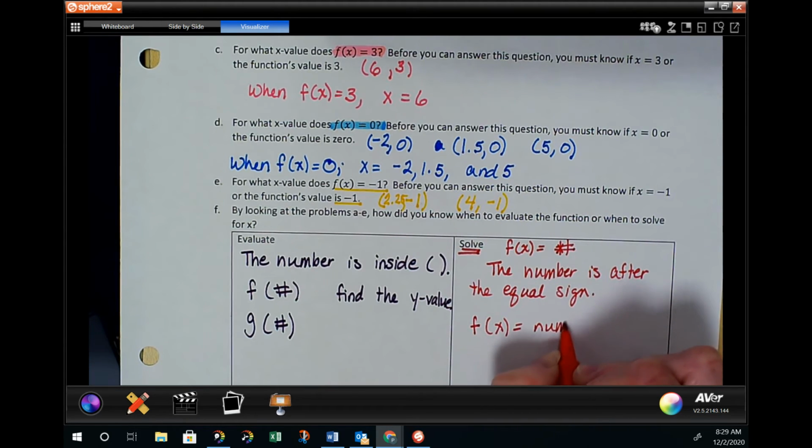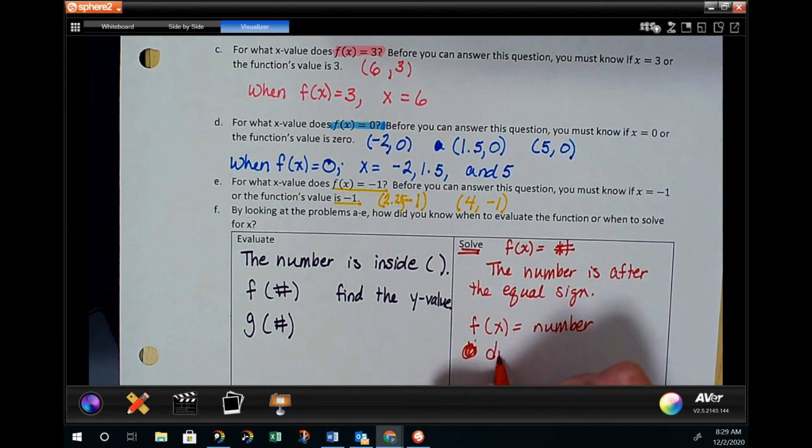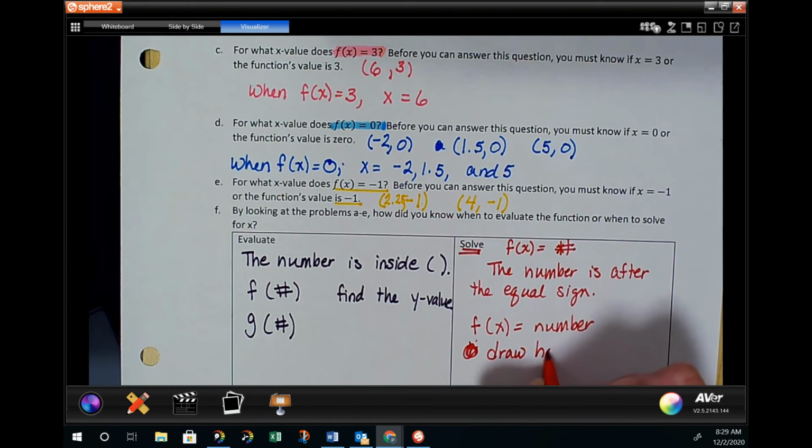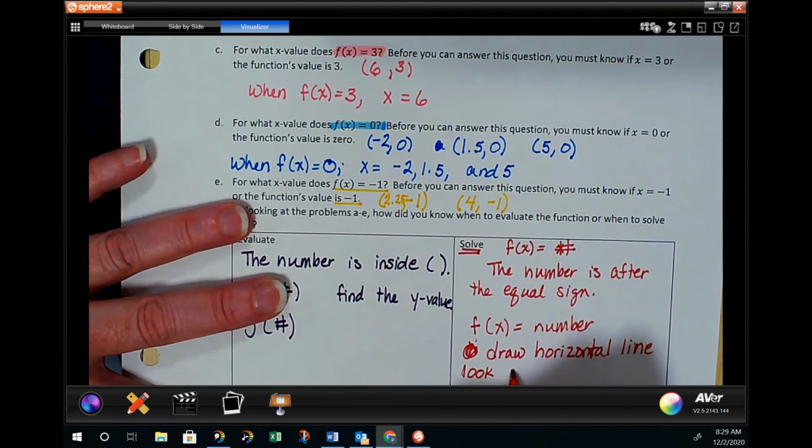Then you have to draw a horizontal line, and then you look for points along the graph and the horizontal line. I'm going to explain that to you in just a second.